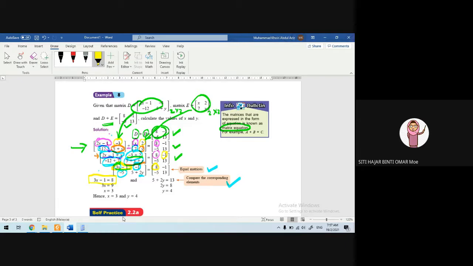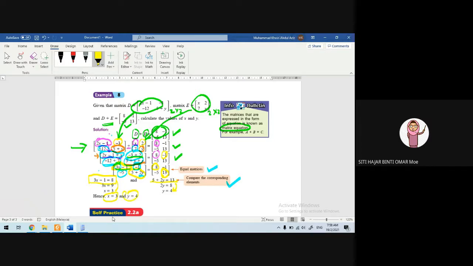So you solve the equation and then we can find the x. Okay, now negative 1 and negative 1, you don't need to compare anything. Negative 5 and negative 5. And our next one is 5 plus 2y. Here we have the unknown, so we compare 5 plus 2y to 13. Okay, write down the equation first, and then you solve, so we have our y.